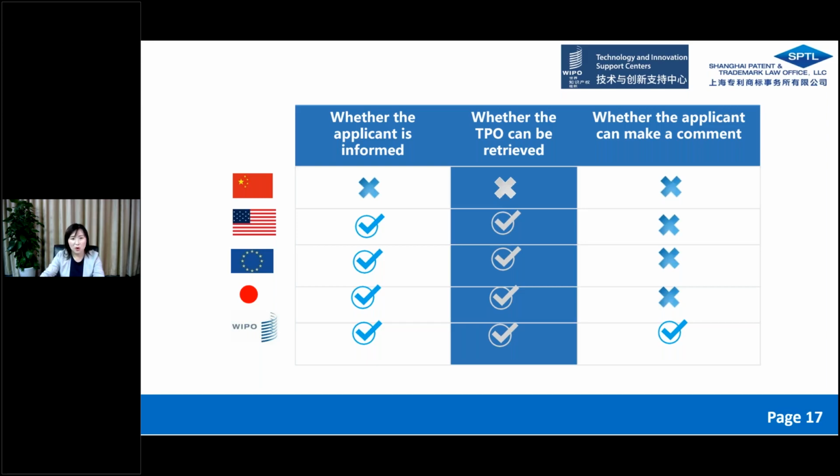At the same time, only the details of third-party observation in China are kept secret. Finally, the observation system in China is the same as those in most patent offices: the applicants have no chance to make comments. Only the applicant of a PCT application has the opportunity to reply to the observations within the due course.